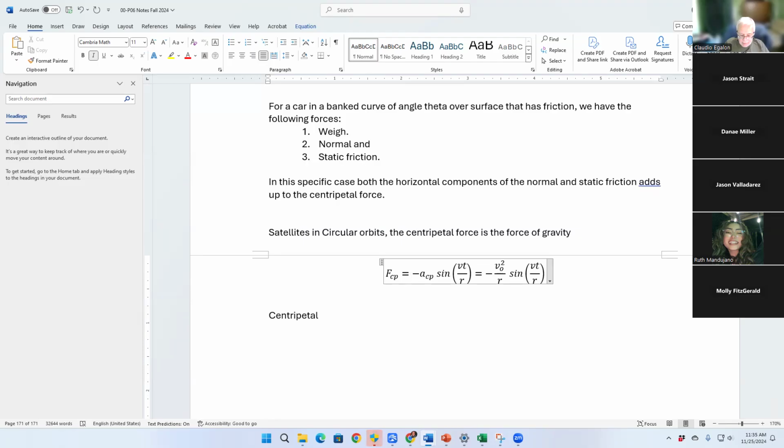So here you go, it's going to be like that: G m over r squared. That's going to be the centripetal force. And you put on the right side v squared over r, like that, to solve your problem.